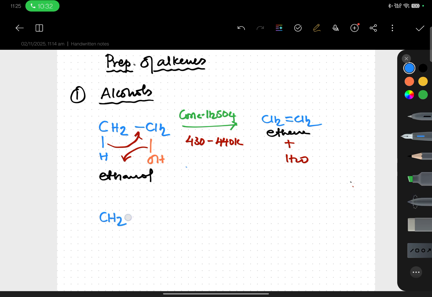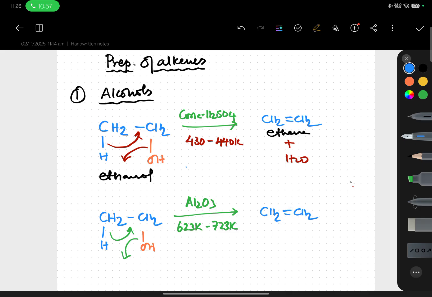Similarly, you take CH3, CH2OH, just treat it with Al2O3 at 623 Kelvin to 723 Kelvin. If you heat, the bond gets shifted and you'll get CH2 double bond CH2 plus water.